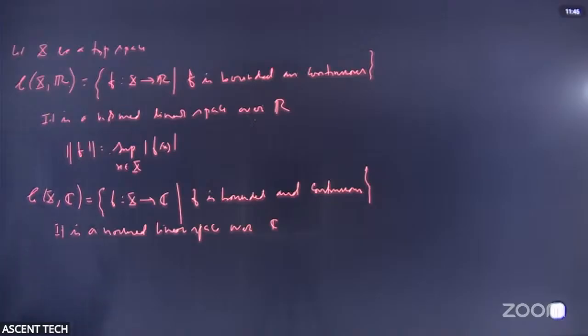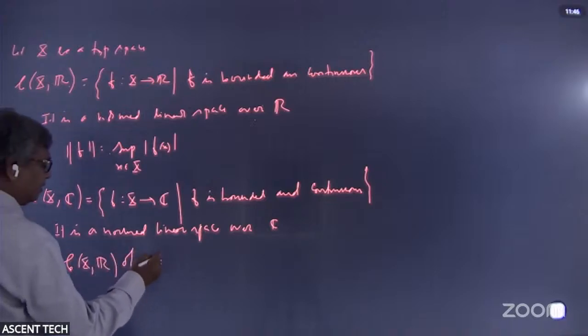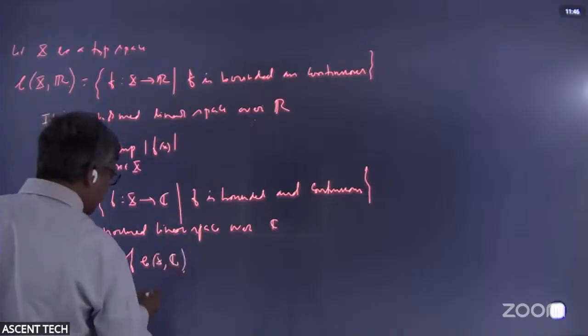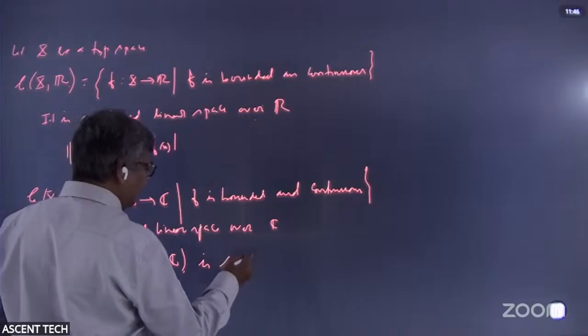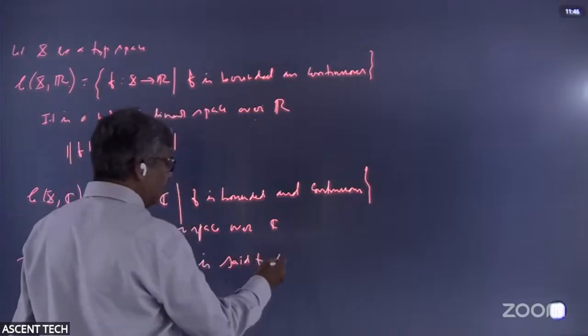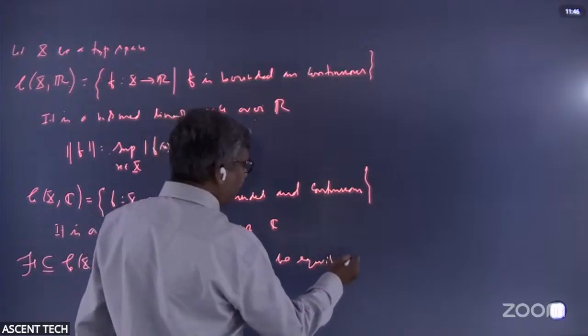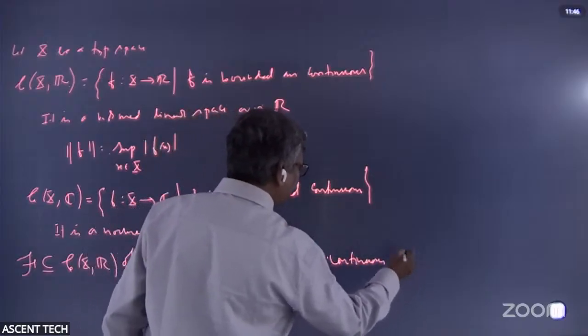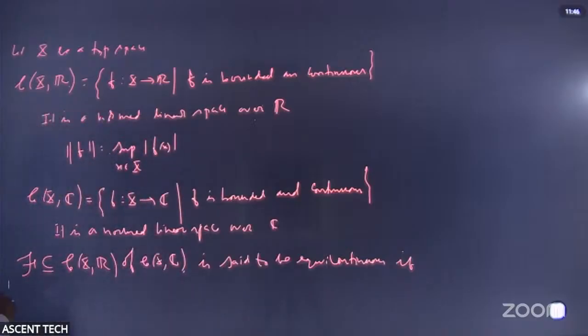A family F, a subset of C(X,R) or C(X,C), is said to be equicontinuous if, for every epsilon greater than 0, there exists a delta greater than 0 such that... There is a metric here, right?